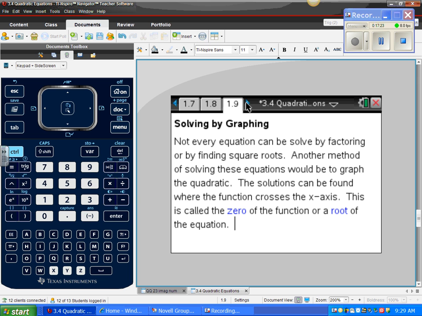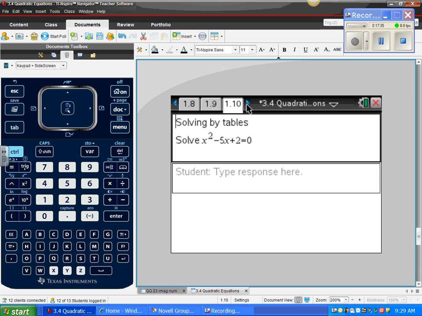Zero, solution, root. So we have the equation x squared minus 5x plus 2 equals 0. Not factorable, so I'm going to have to solve it graphically.